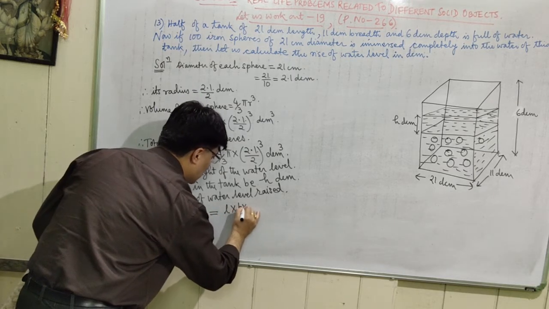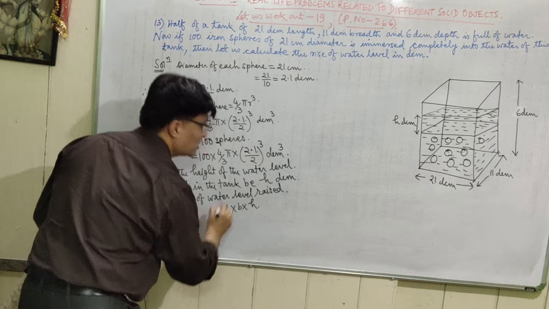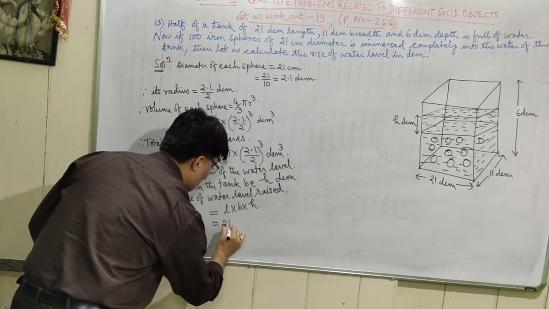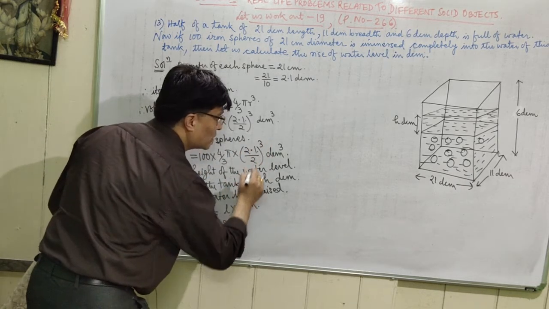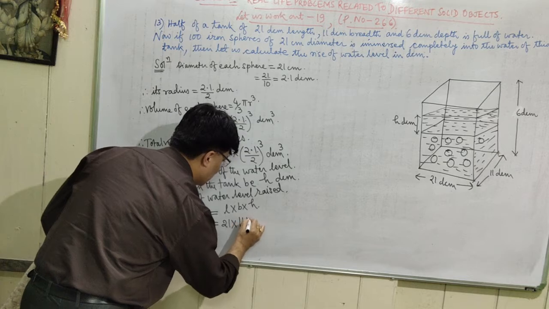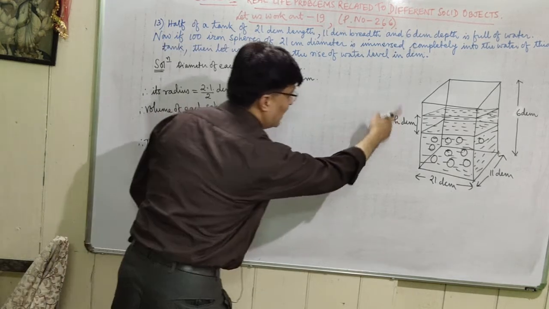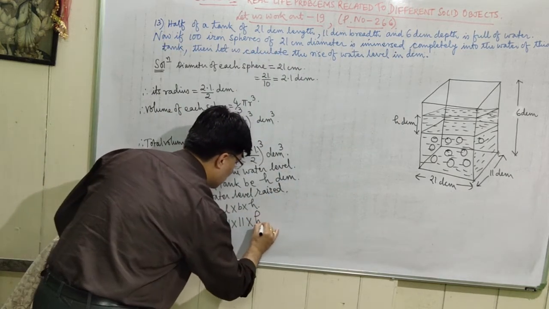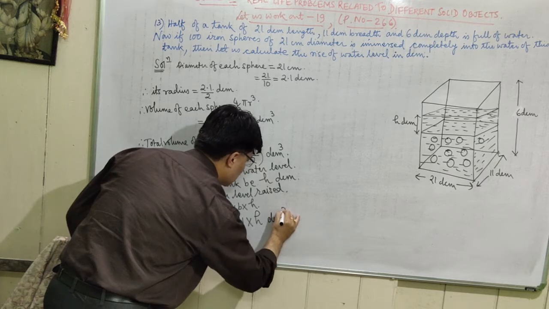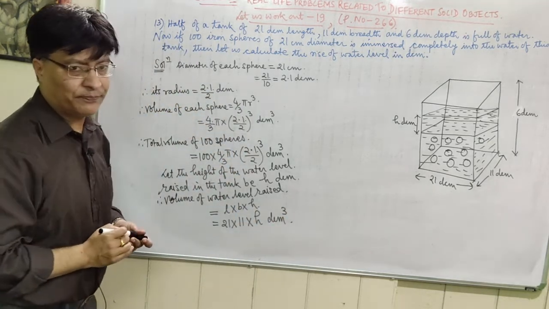Length into breadth into height. What is the length out here? It is 21. What is the breadth out there? It is 11. Into what is the height? h is the height. So this is decimeter cubed. Okay?